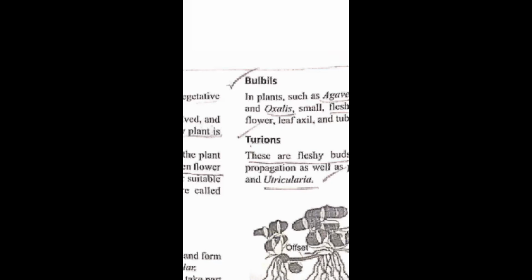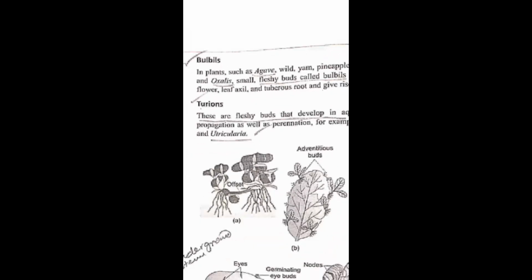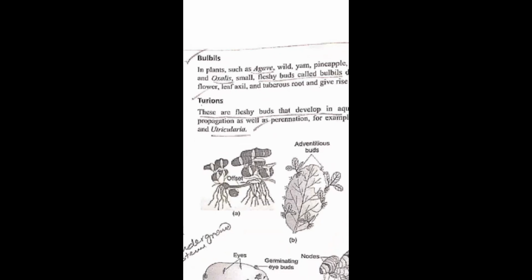Third one, bulbils. What is the meaning of bulbils? Plants such as agave, wild yam, pineapple, and oxalis. These are mostly xerophytic in nature. Xerophytic means plants that grow only in scarcity of water.